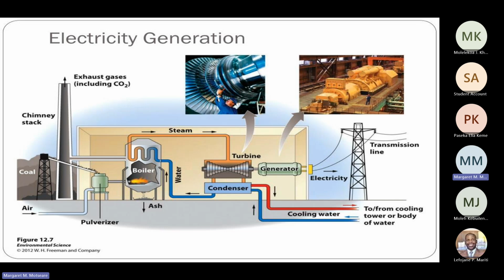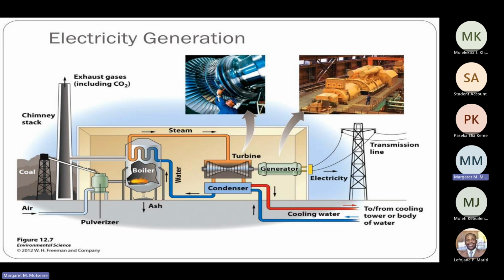From the boiler, it is steam, and from the steam, it is the turbine. The blades of the turbine turn because of the steam, and then the blades of the turbines turn the generator, because both the turbine and the generator are connected. So the whole process is recycled over and over again. That is how electricity is generated.